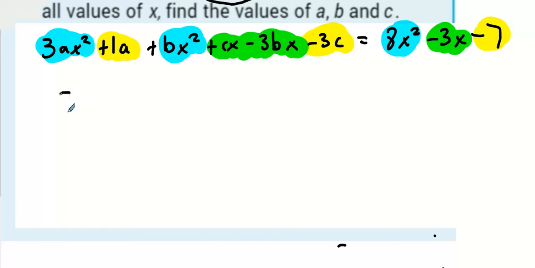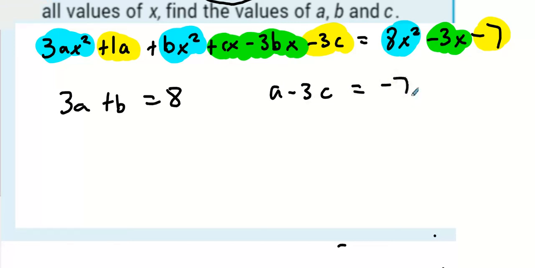Lads, we all know 3a plus b works out to be 8. That checked out. That was perfect. We also know that a minus 3c is minus 7. That also checked out. And we know that c minus 3b is minus 3. That also checked out.